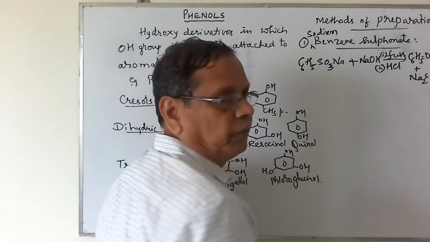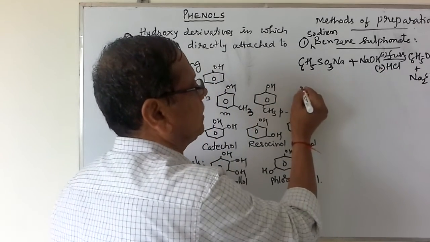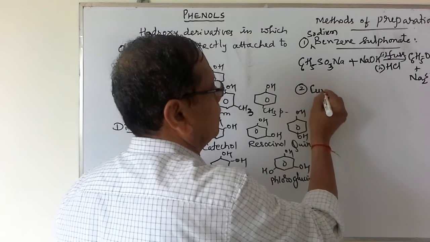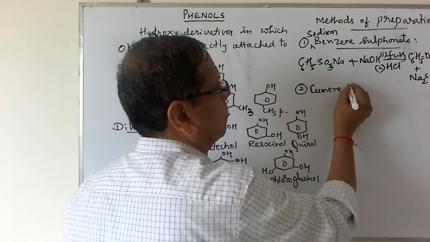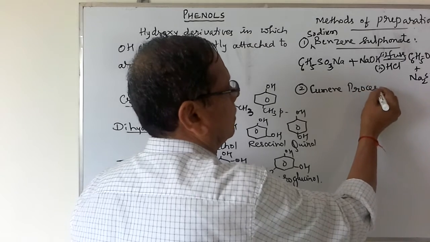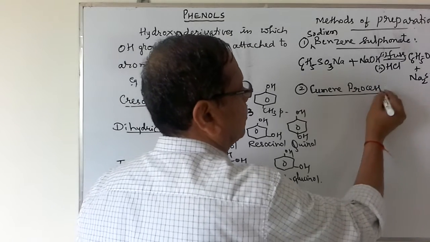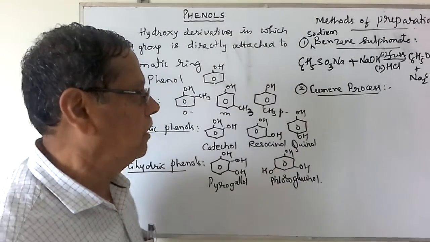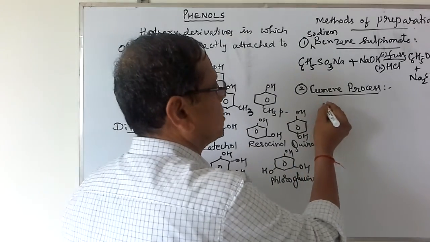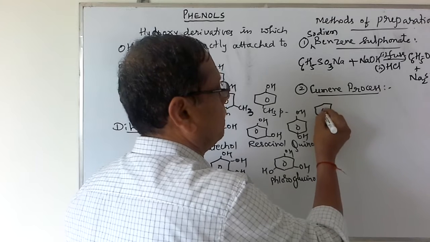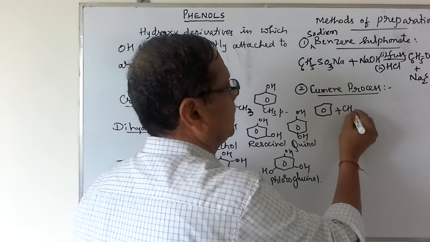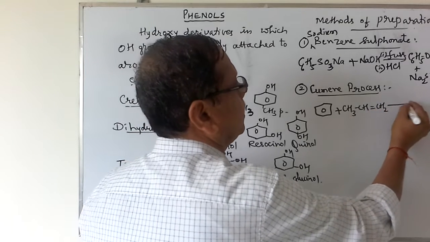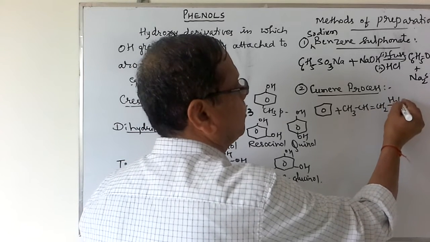to the phenol. The second method is the Cumene process. This is an industrial process, the most important process for the manufacture of phenol. In this one, first we take benzene. This is treated with propene, CH3CH=CH2, in presence of H3PO4.